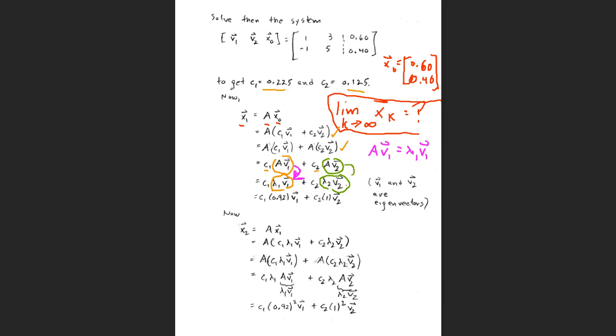Why is A times V2 equal to lambda 2 times V2?